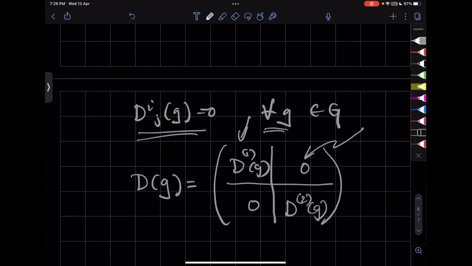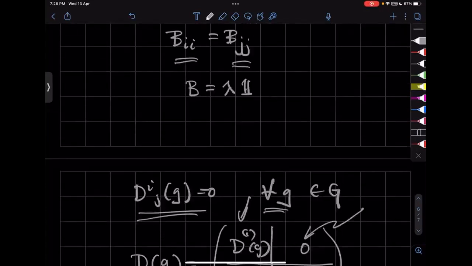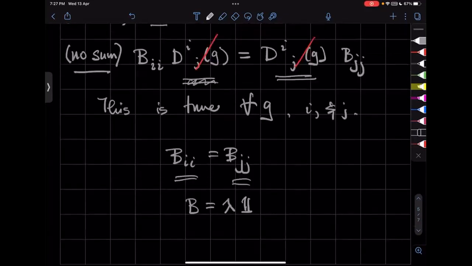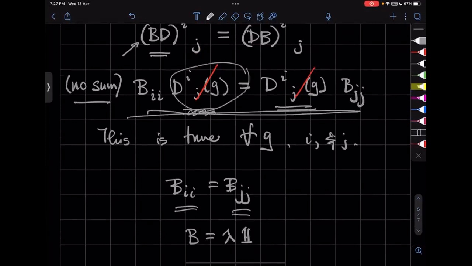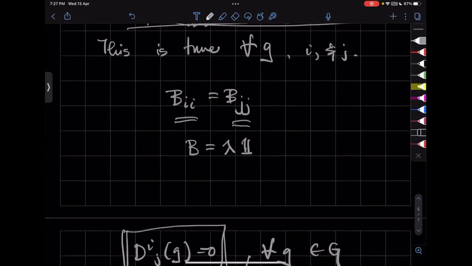So that means that our initial assumption that we were dealing with an irreducible representation is no longer valid. So for an irreducible representation, for all I, J and G, this is valid, meaning these are non-zero. And that means that B is proportional to a diagonal matrix.